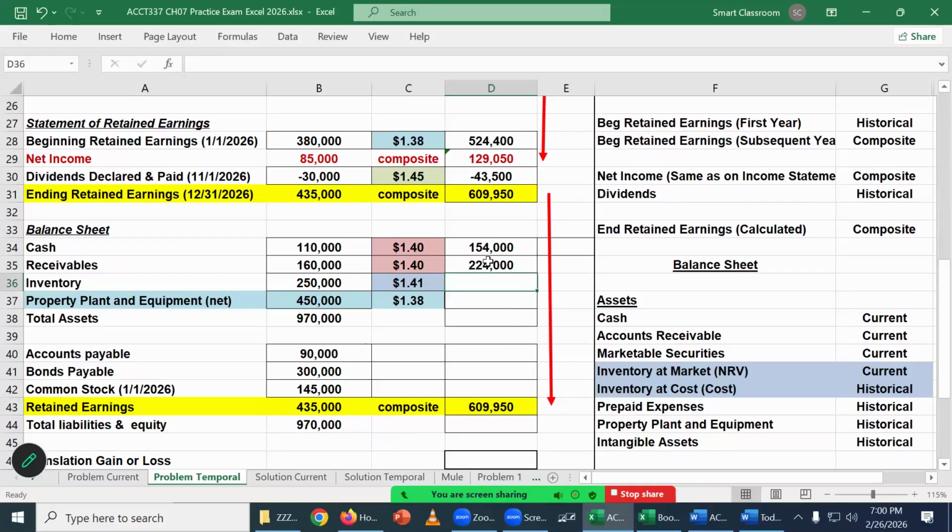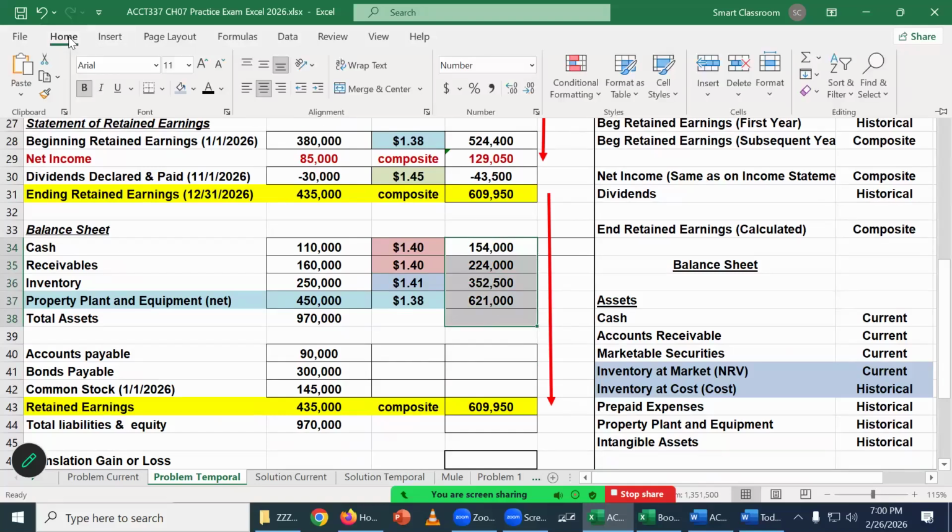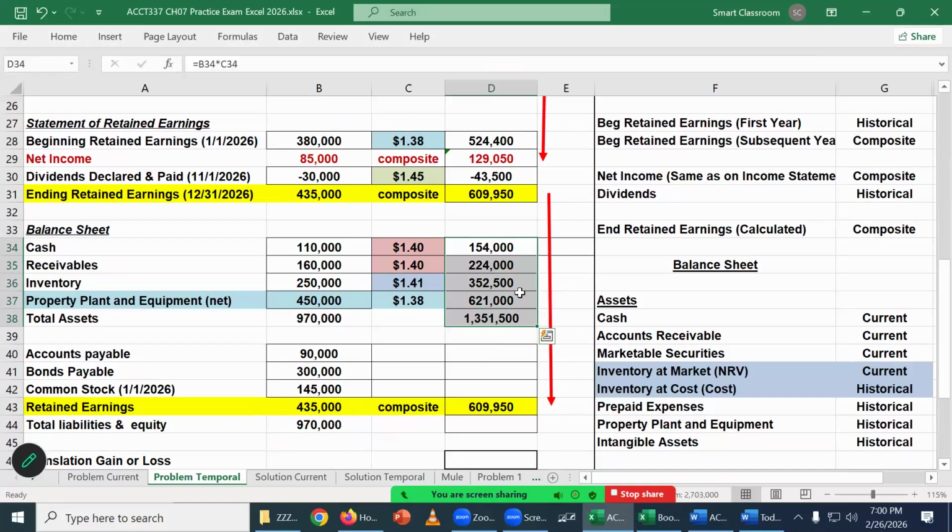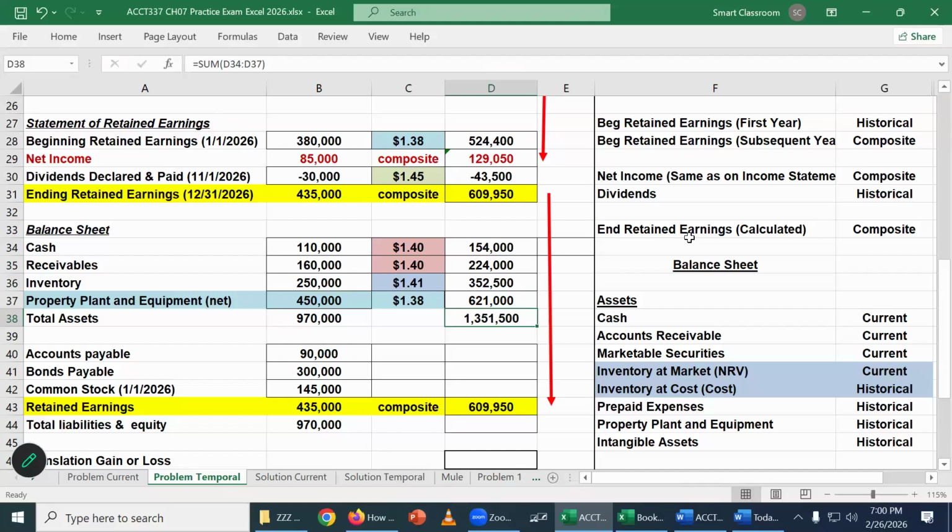I should probably multiply these out before I. Let me get a total and then I'll see what corrections I need to make on this too. Hey, it's right. And no one is more surprised than I am.